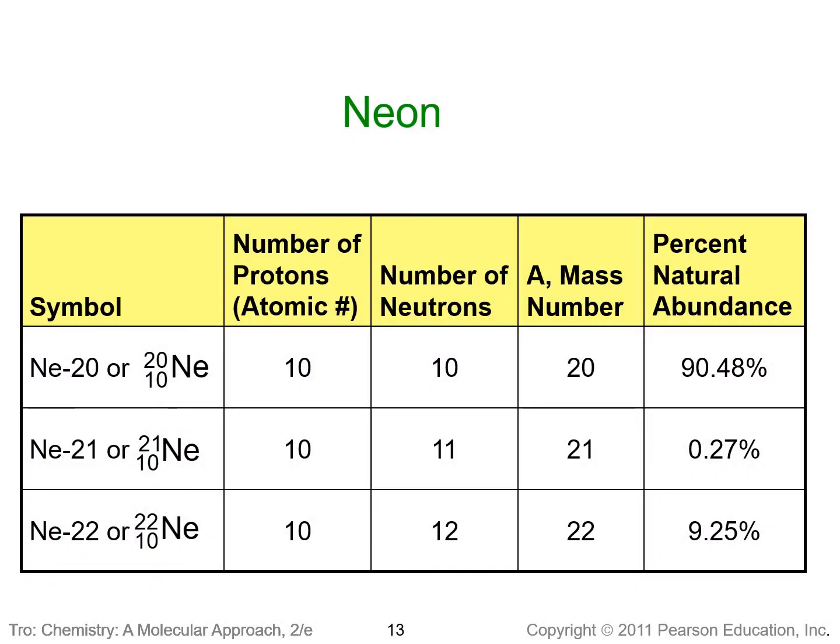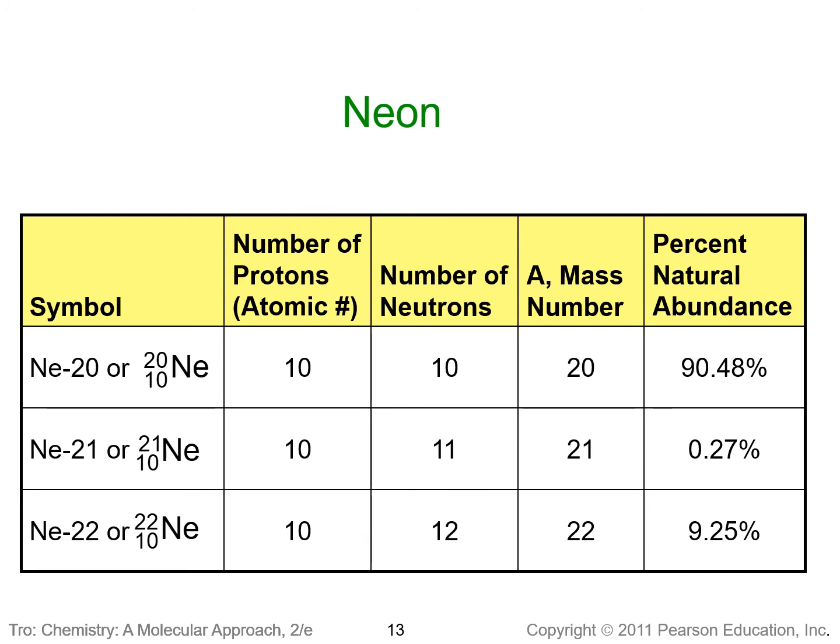If we look at neon, neon has 3 isotopes here. You'll notice that we're writing them using our atomic symbol, or we are just putting a dash with our mass number. Either way is acceptable.